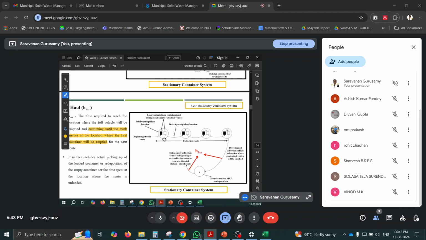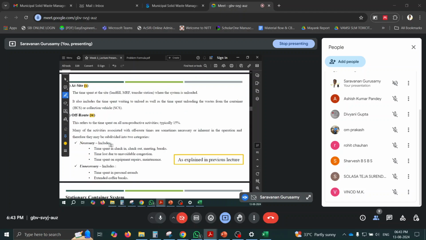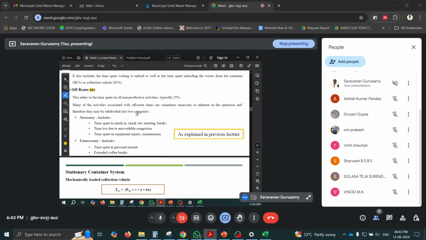Here there is no need to go to the disposal site and come back for every location. We only go to the disposal site once. So haul will be at the end alone. So only one haul time will be here. So the whole formula will vary. At site time is the same, and off route time is also the same as explained in the hauled container system.